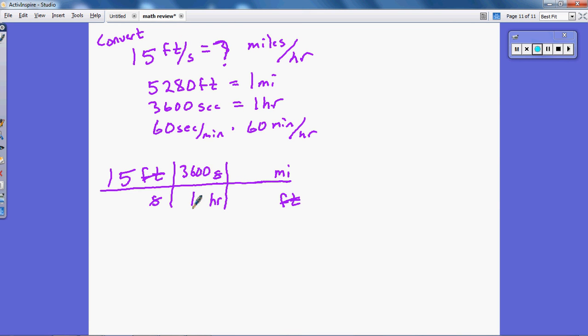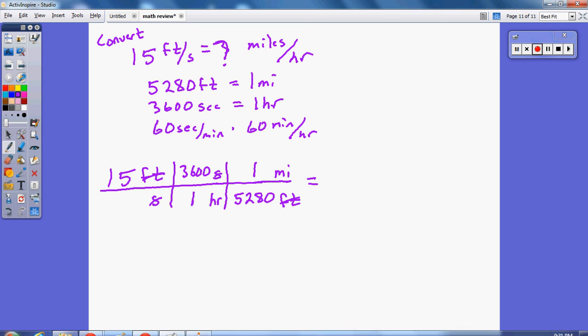3,600 seconds per 1 hour, 1 mile, 5,280 feet. I would then pick up a calculator and actually carry this out.